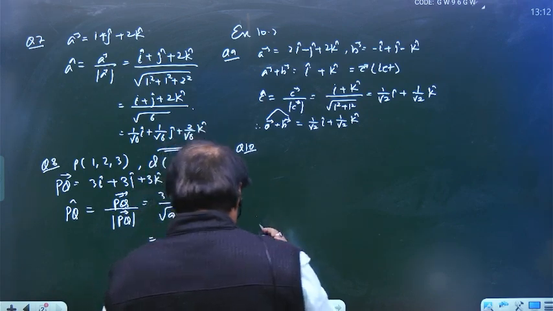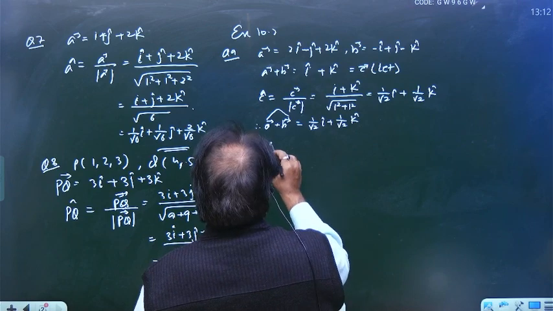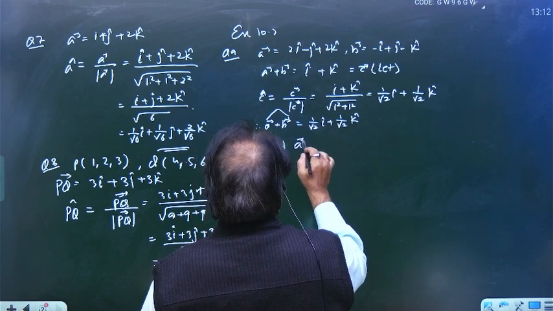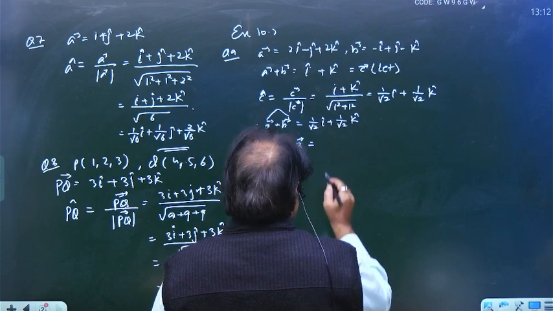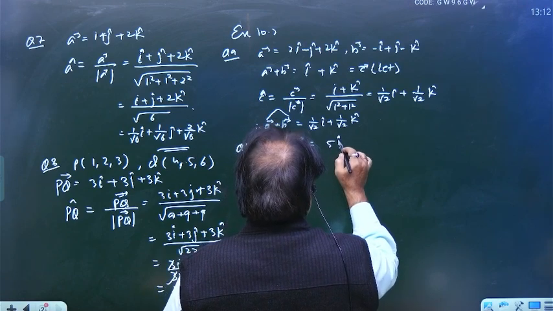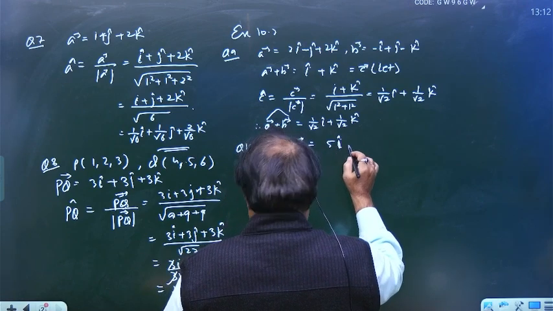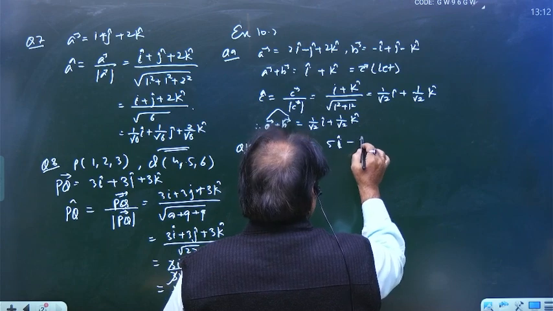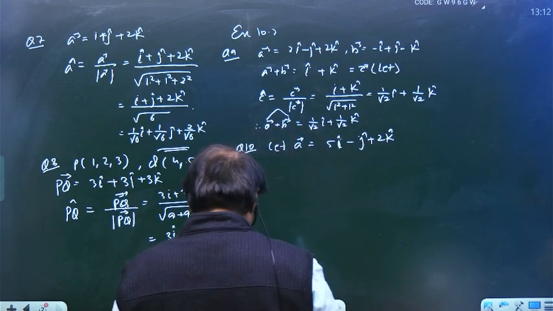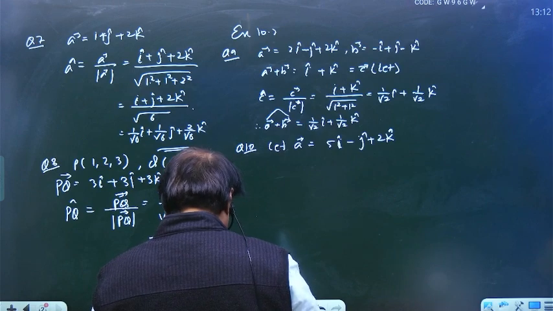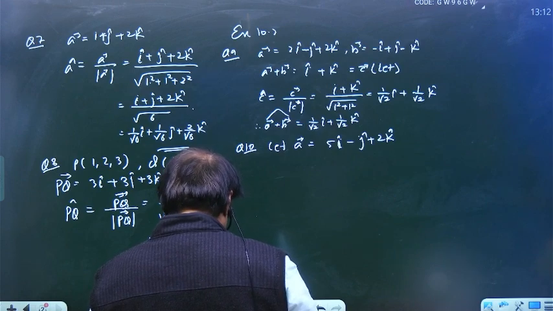So what is the vector? Let vector A be equal to 5i cap minus j cap plus 2k cap. This is the given vector and its magnitude is 8.